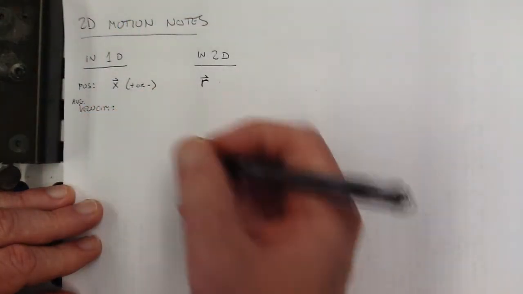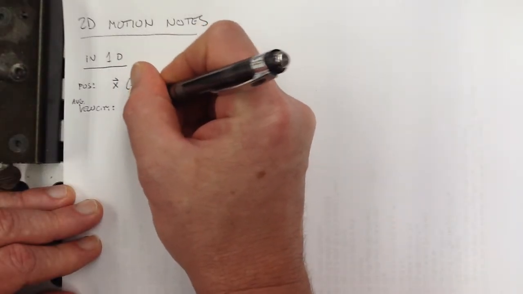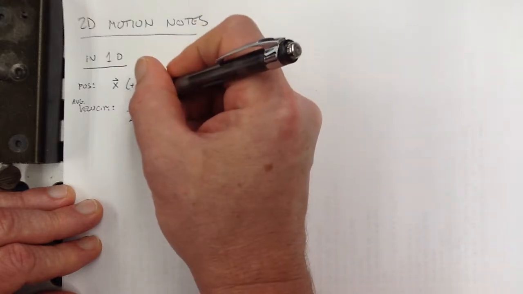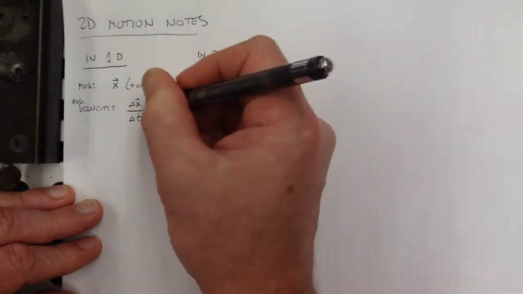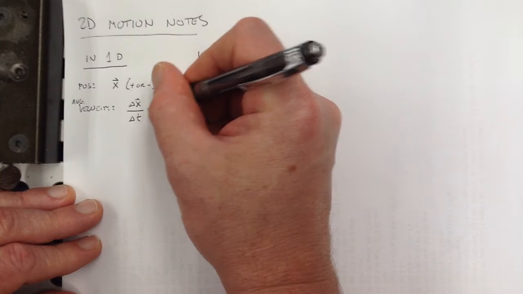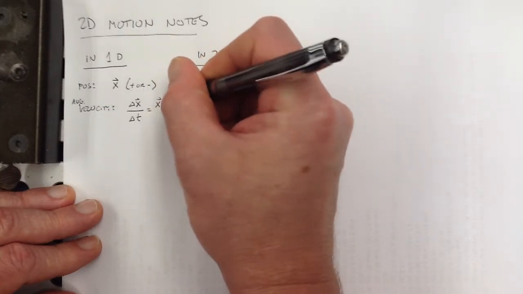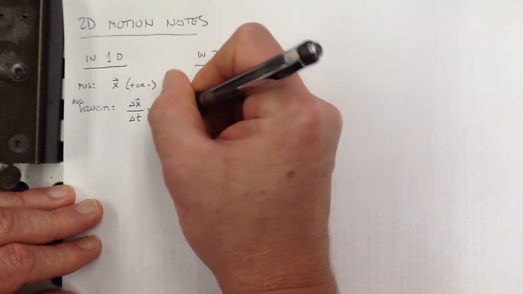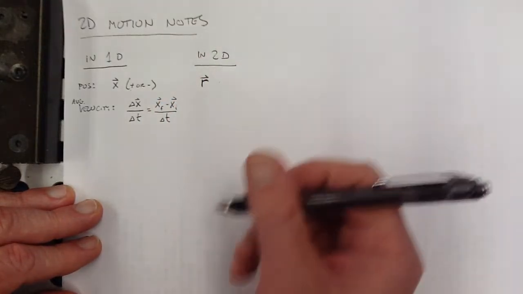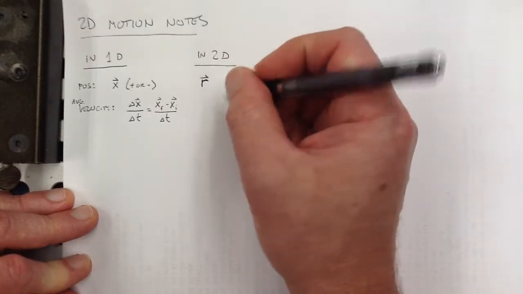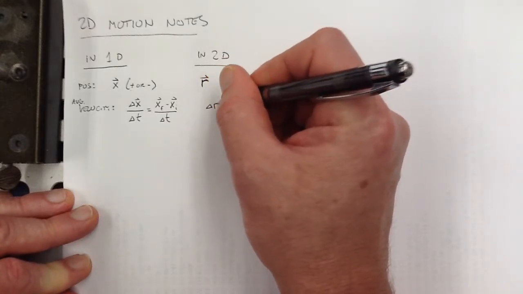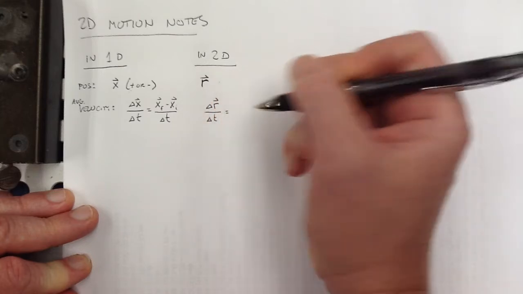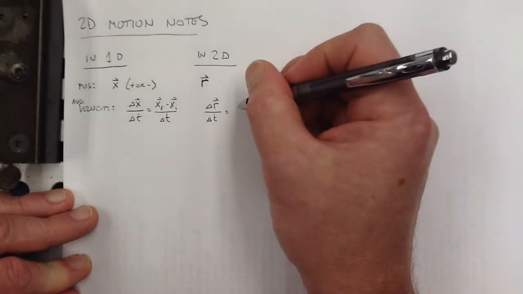Your average velocity is your change in position over change in time, right, which is final minus initial. How about in 2 dimensions? It's exactly the same thing. It's delta R over delta t.